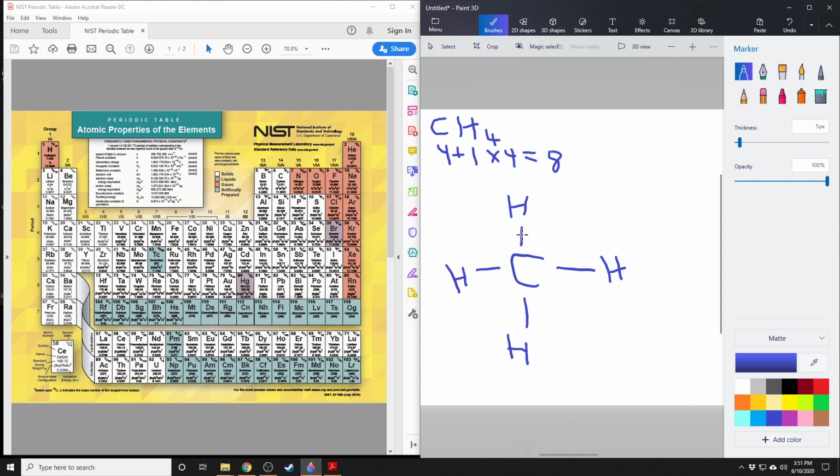We currently have 2, 4, 6, 8 electrons that are associated with this carbon in bonds. All right, so what if we had a double bond? A double bond would be 2 for that bond right there, and another 2 for that bond. So that would be 2, 4 electrons. A triple bond, well, you probably guessed it. 2, 4, 6 electrons. Great.